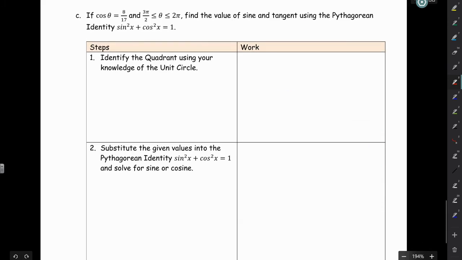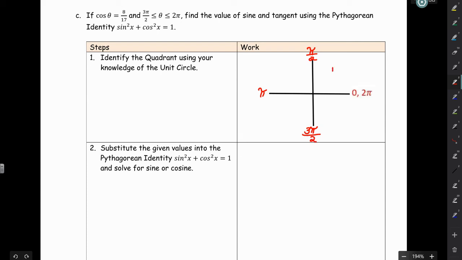All right, and the last one, we're told that the cosine of theta is 8 over 17. We're working between, theta is between 3 pi over 2 and 2 pi, and we're going to find the values of sine and tangent. All right, so we want to identify the quadrant. On the unit circle, again, we start at 0, we go to pi over 2, to pi, and then to 3 pi over 2.